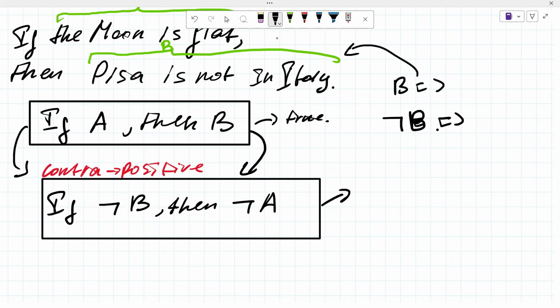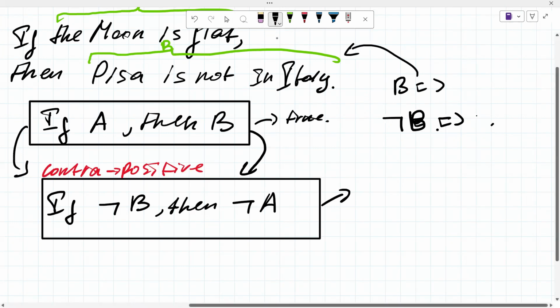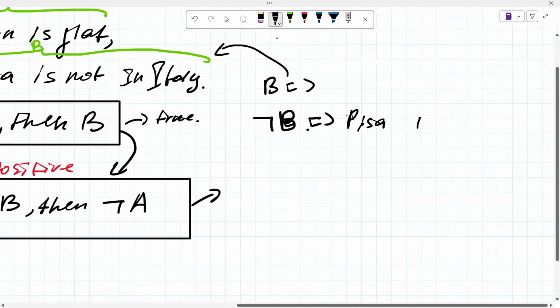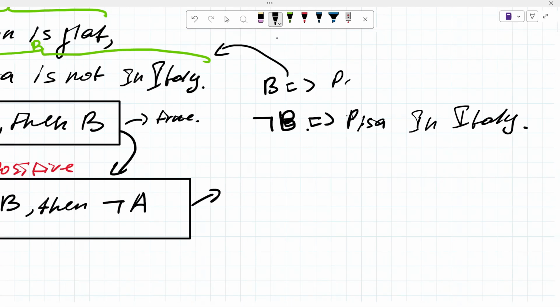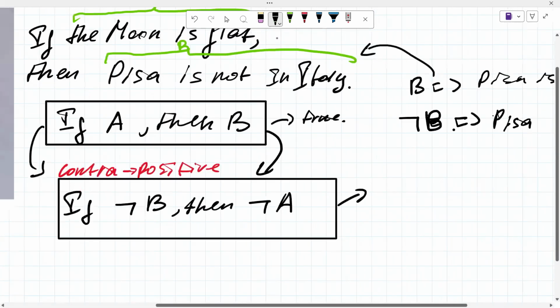So it will be Pisa is not, two nots cancel out, and now you will have just Pisa in Italy. So this is not B. B was Pisa is not in Italy, it was already a negated statement, and then you negate it twice, and negation cancels out.